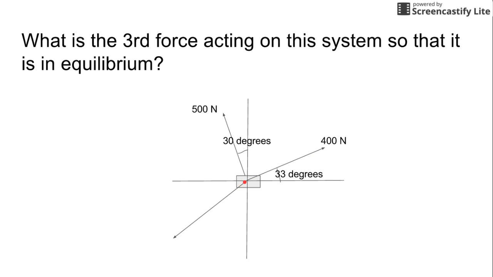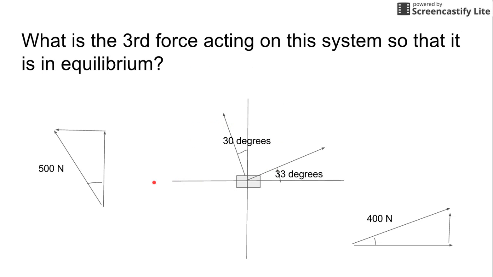Our force needs to be down this way. How much down? Well, we already figured it out. We have to pull a little bit to the left, that's 85 newtons, and a lot down, which is 651 newtons.